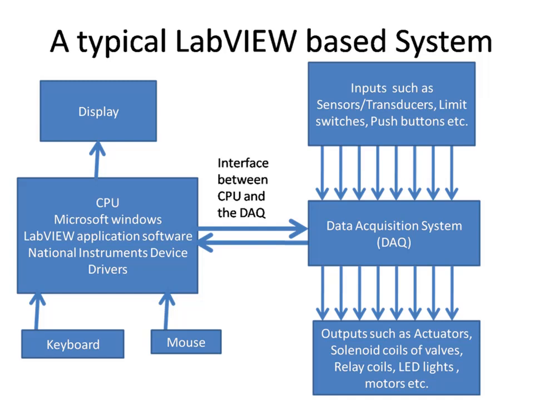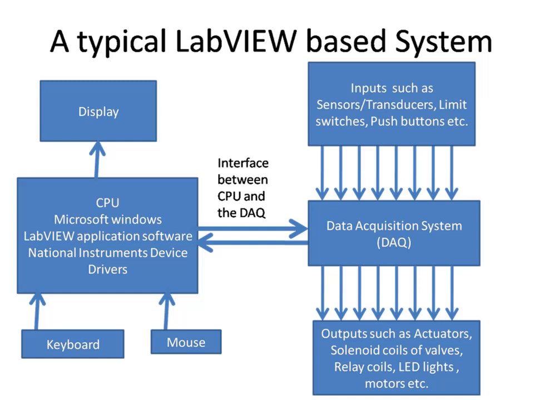Now this data acquisition system has the capability of taking inputs from various sensors such as limit switches, push buttons, thermocouples and so on, and these signals are sent to the computer using this interface and data acquisition device. Now these signals are available in the LabVIEW application program and MAX environment, and are processed by the LabVIEW application software, maybe by developing some VI for that, and once that is done, control signals are generated.